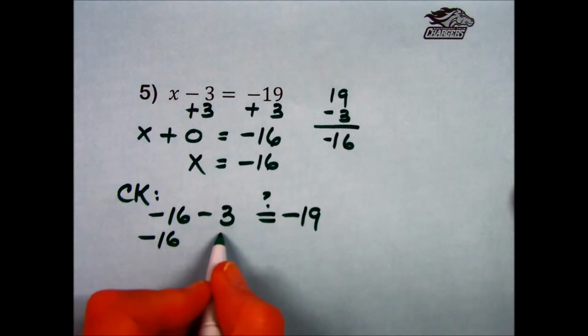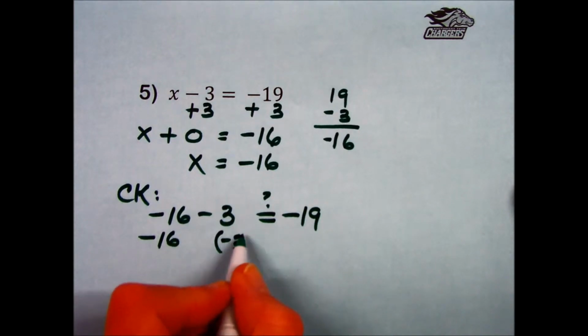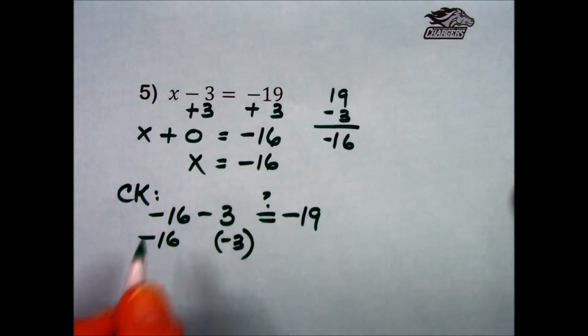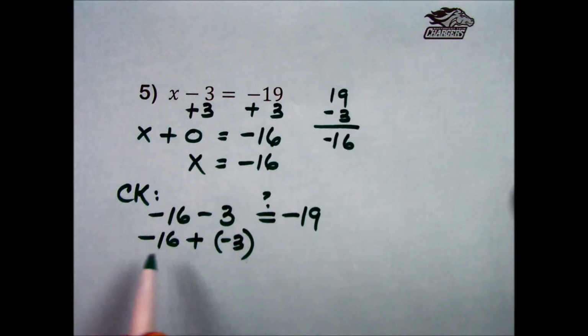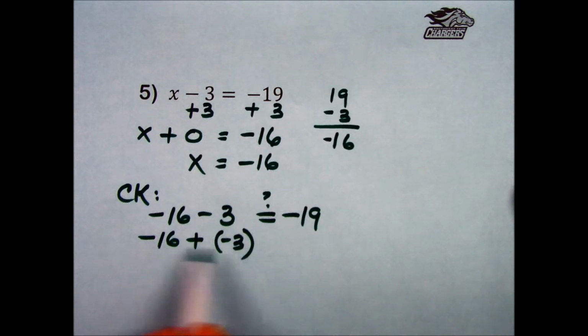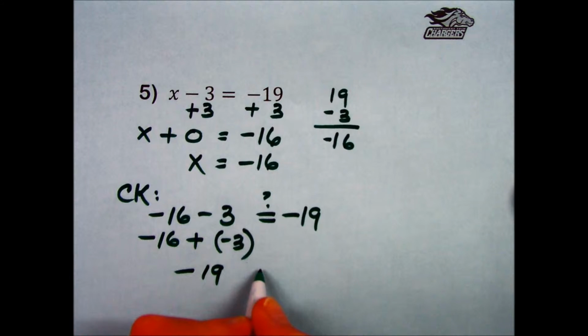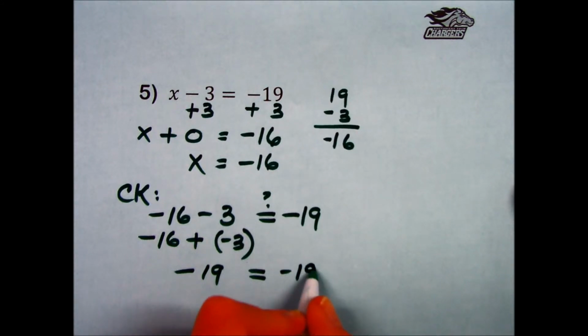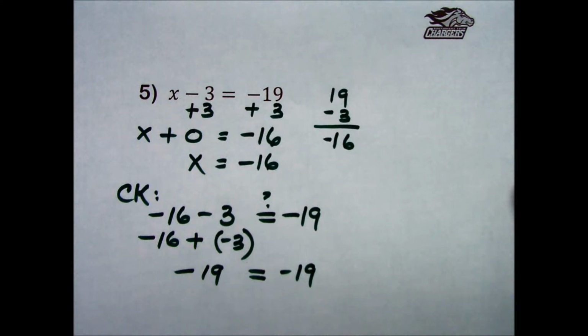In place of 3, what we're subtracting, we change it to the opposite of what it is, and the subtraction becomes a plus. Now we have an addition problem to simplify. With same sign numbers, adding those up, we get the negative 19, indicating, yes, we did solve the problem correctly. Our solution is x is equal to negative 16.